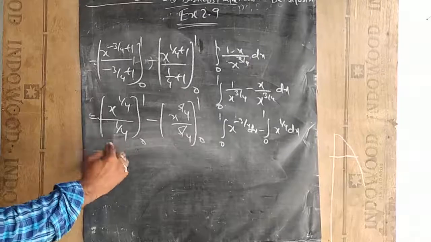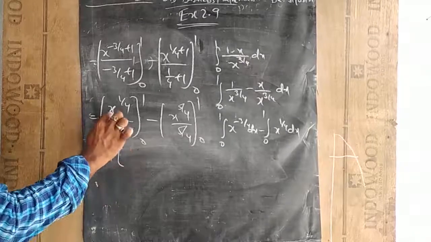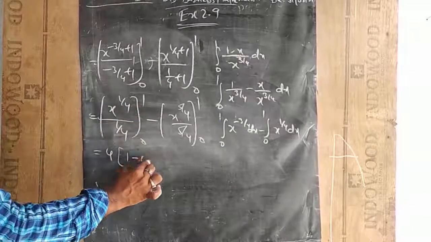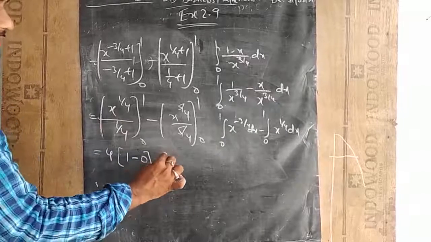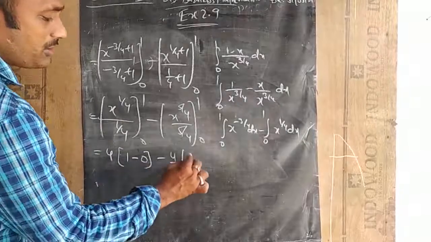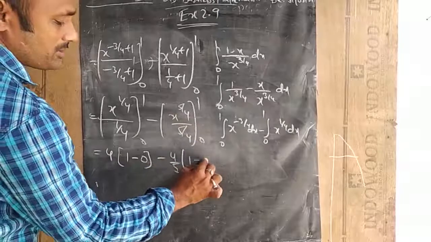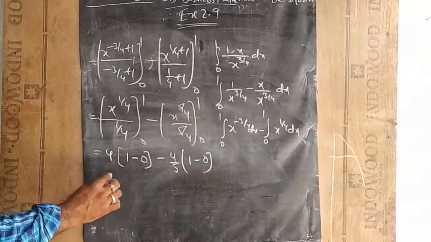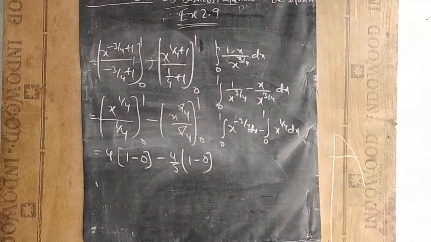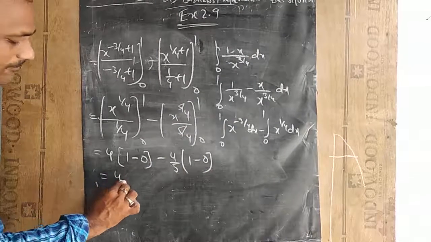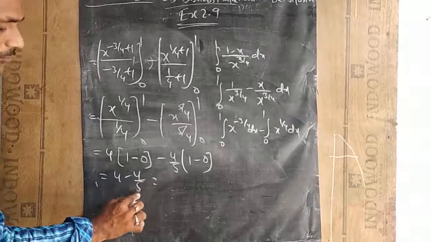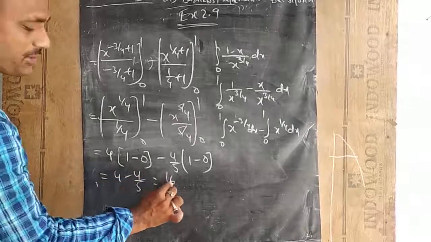So 4 we can write outside since it is a constant. So 1 to the power 1 by 4 is 1 minus 0, minus, we can write 4 by 5 outside. So 1 minus 0. So the final answer will be 4 minus 4 by 5. So 4 fives are 20, 20 minus 4 is 16 by 5.